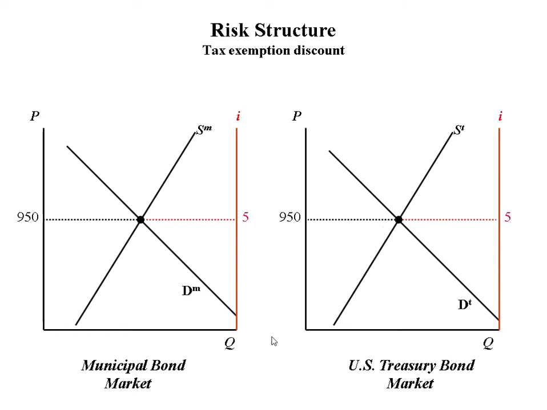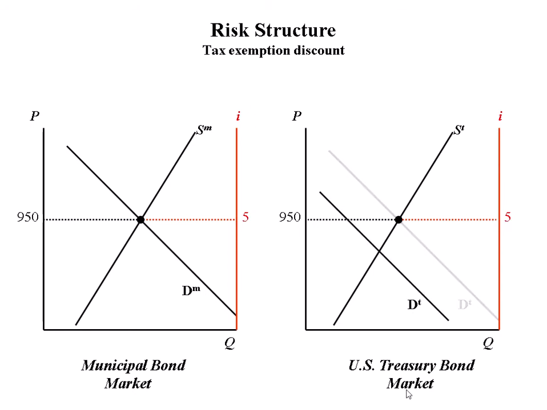So if we assume that these are really well-run municipals or cities, and this is Treasury, maybe the default risk is the same for both, right? And if every other attribute except for the tax exemption are identical, then they're going to start at the same spot with a price of $950 and a yield to maturity of 5%.